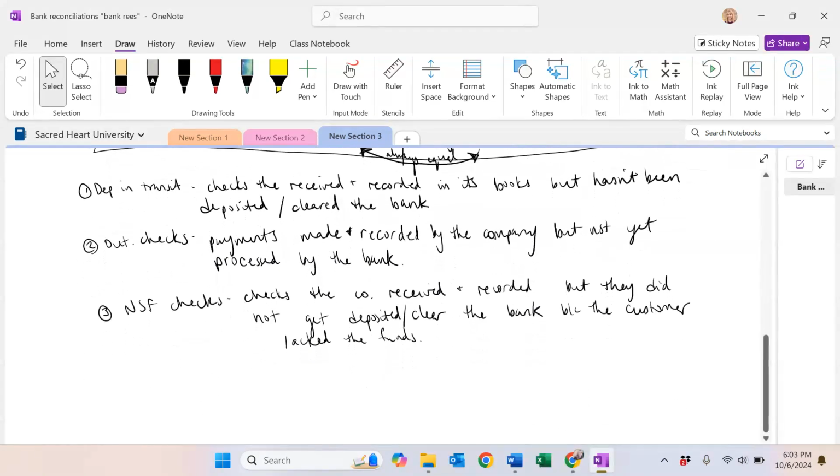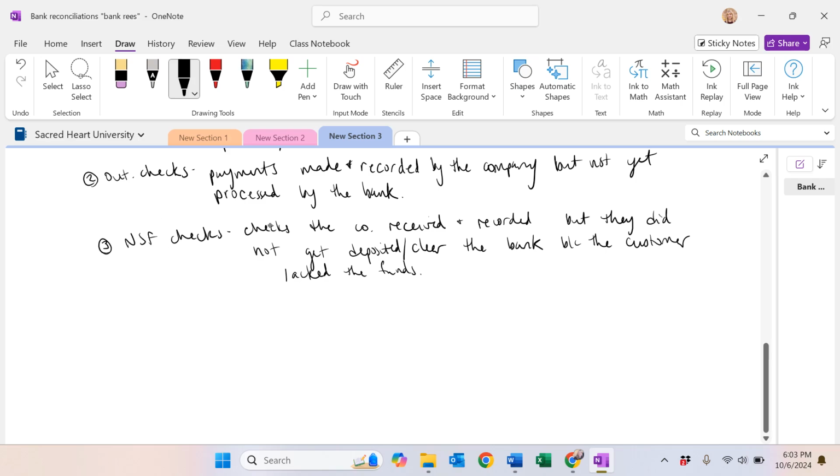Okay, and then so finally, journal entries are recorded for any adjustments, to get from the book balance or the cash balance to that true cash balance, to update the company's cash account.